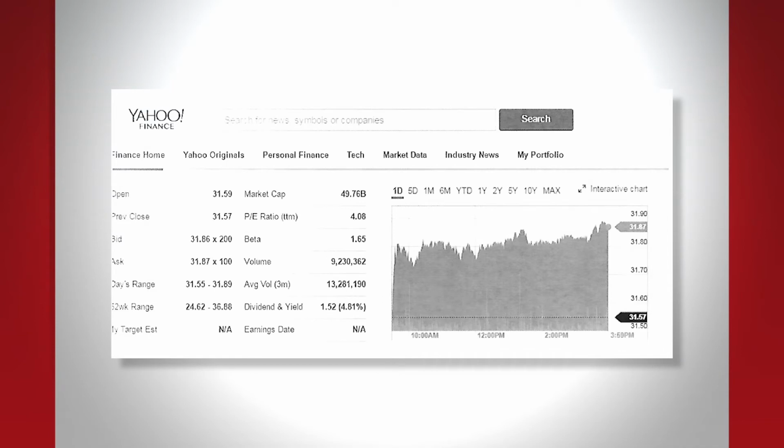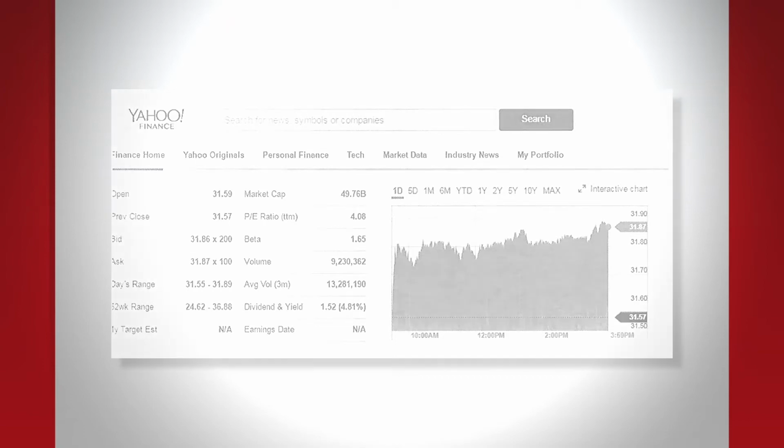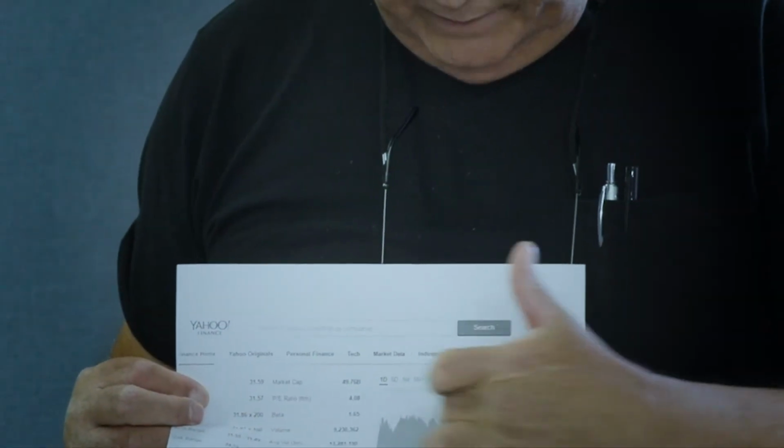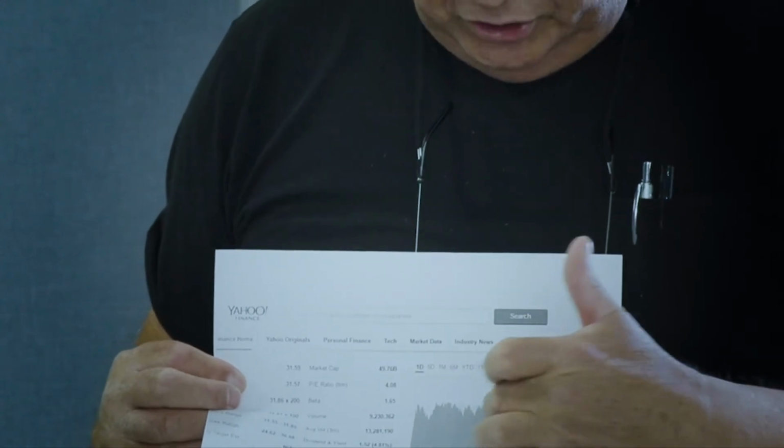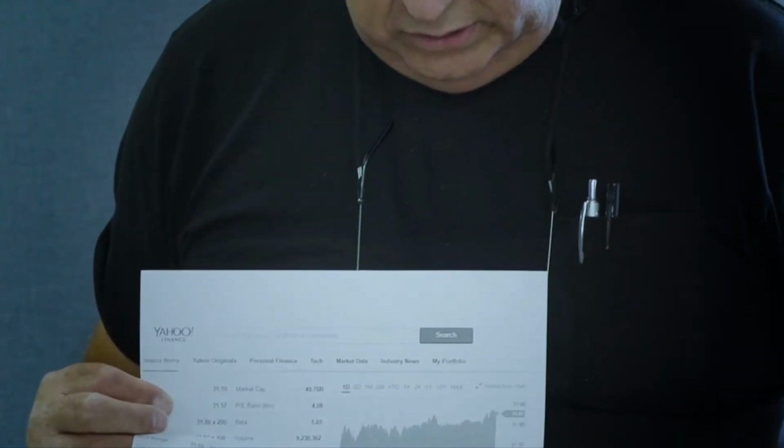So, when you go to that company's information, it will give you a quick synopsis, and you'll have a chart. And this chart really doesn't do very much for you. It just kind of shows you some information, but it doesn't tell you anything.